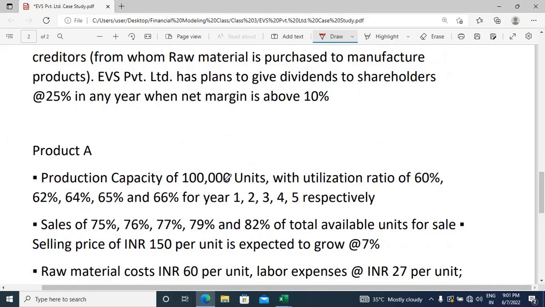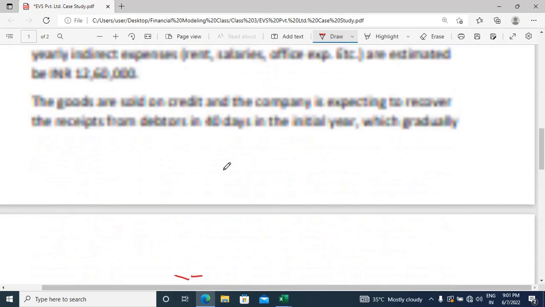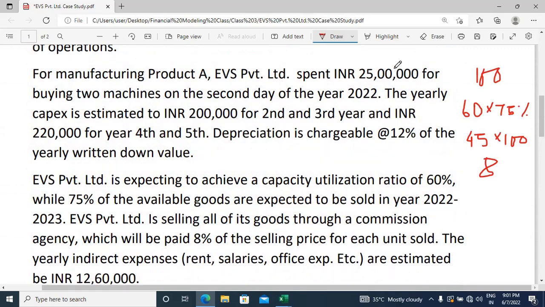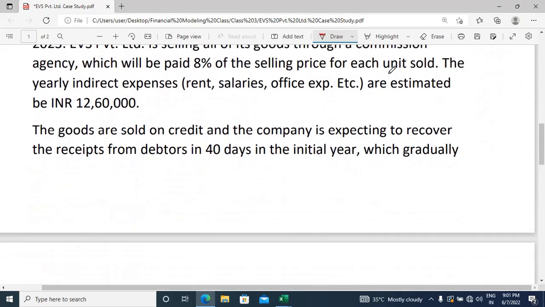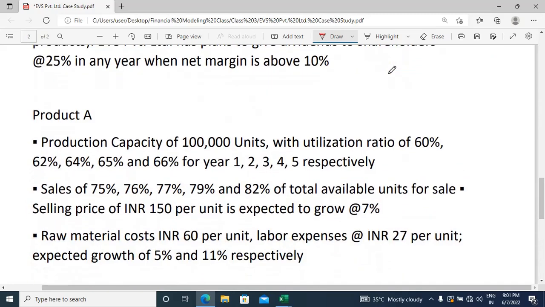Production capacity of 1 lakh units. So this machinery, which this company bought by paying 25 lakh rupees, has a capacity to produce 1 lakh units.